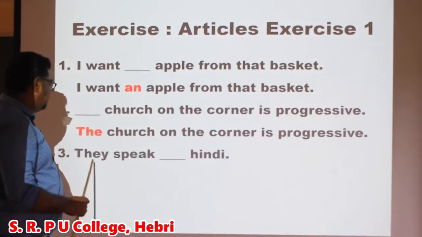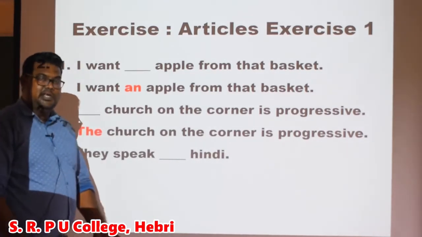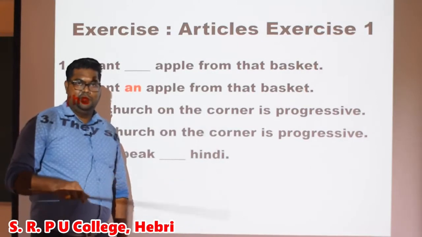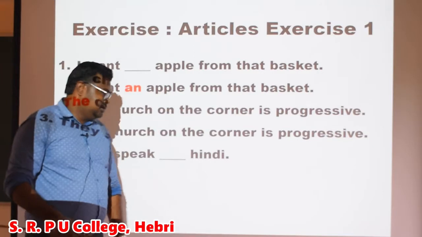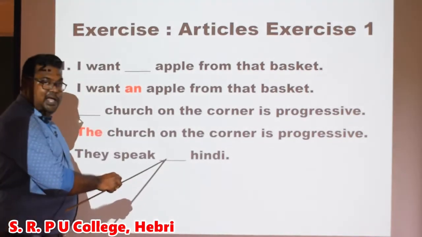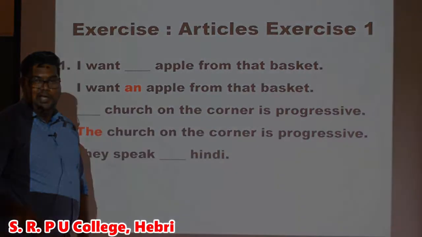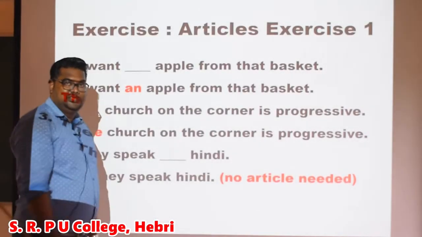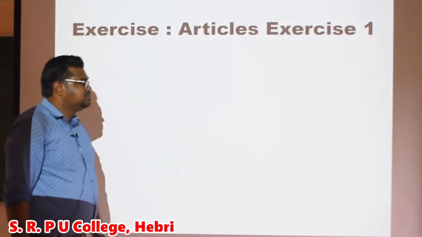The next sentence, they speak dash Hindi. Now Hindi is a name of a language, and we already learnt that before the name of a language we don't use any article. So this blank doesn't require any answer. They speak Hindi, that is no article is used, because Hindi is a name of a language.